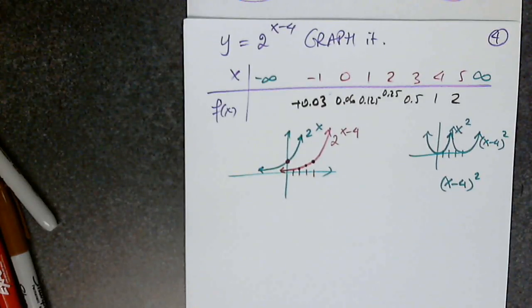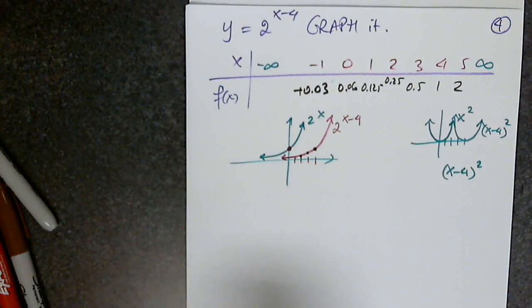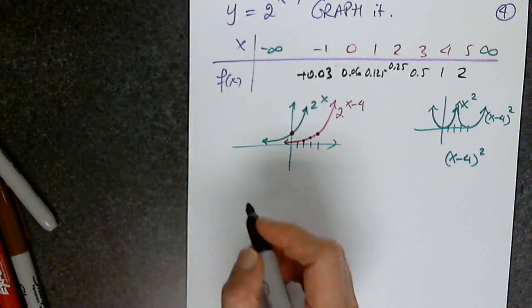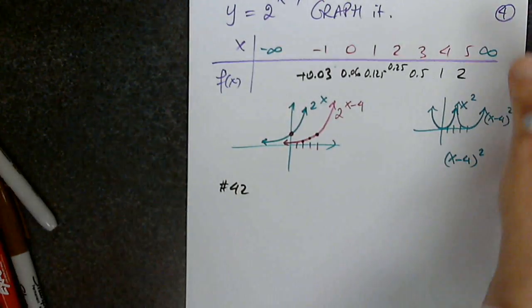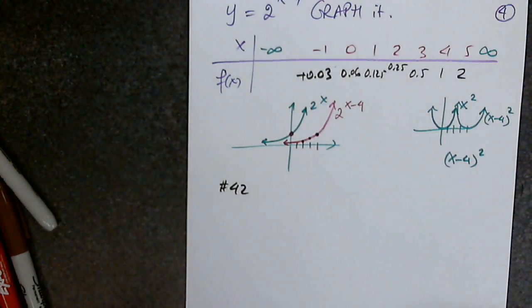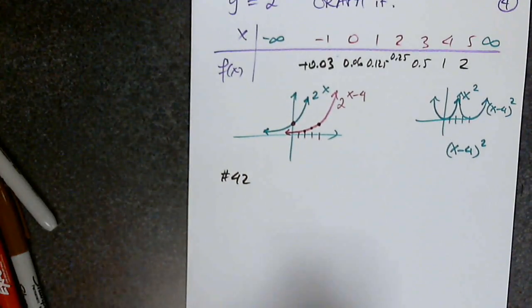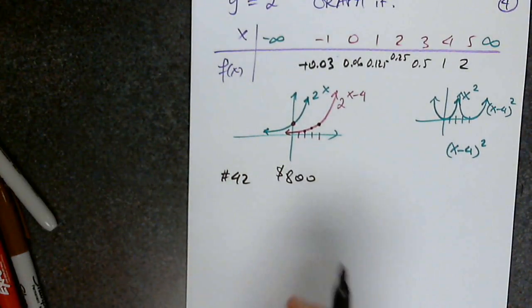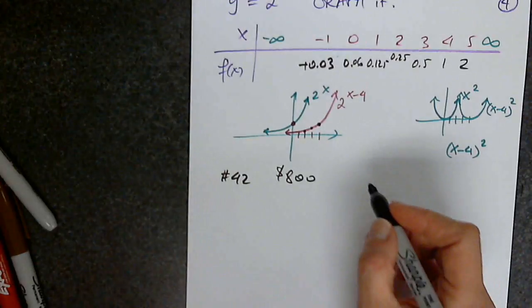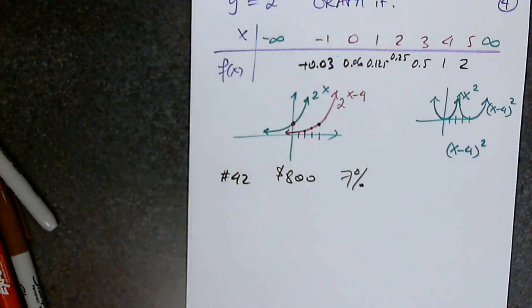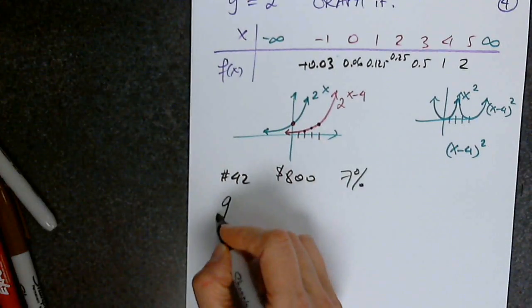This is what I would do. Use the formula A equals, so problems 41, 42. Let's say 42. A total of $800 is invested in a 7% certificate of deposit for which interest is compounded quarterly.